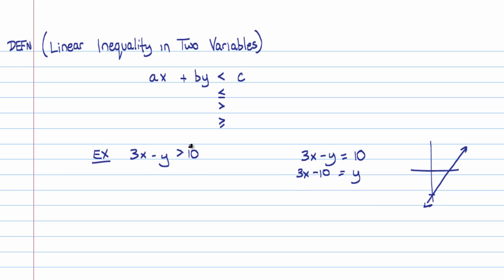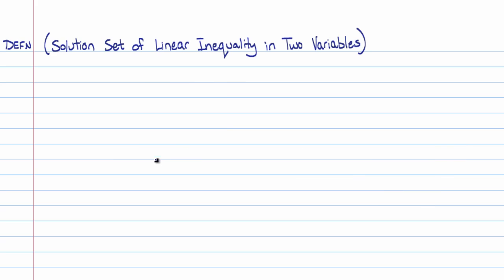With a linear inequality, not only do we have an infinite number of solutions that might lie on this line, but we have an infinite number of solutions that might lie elsewhere. In fact, let's make a strict definition for the solution set of a linear inequality in two variables.